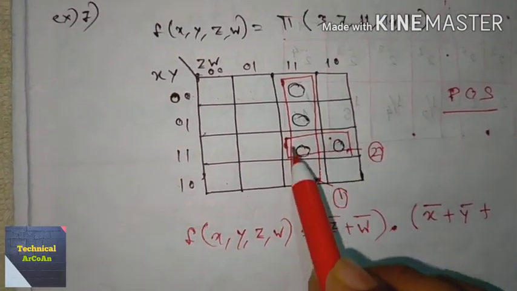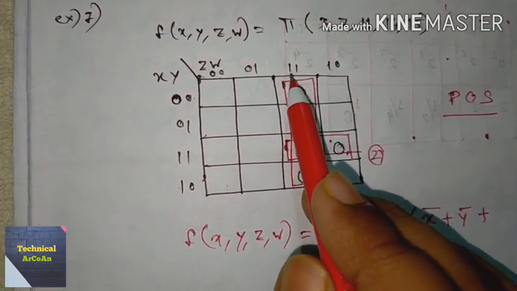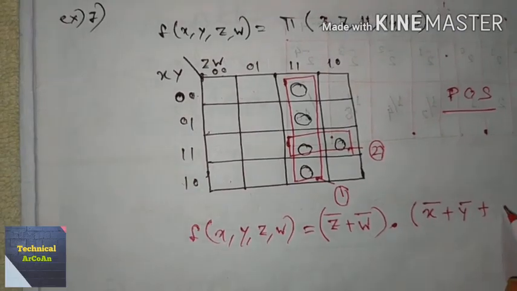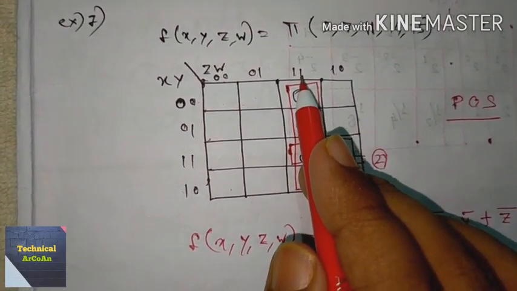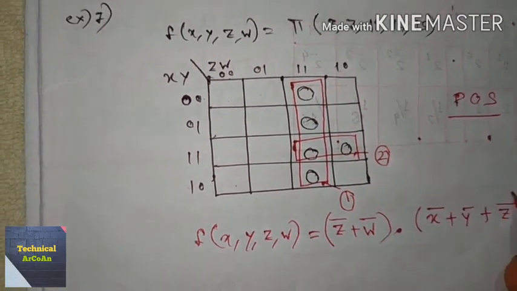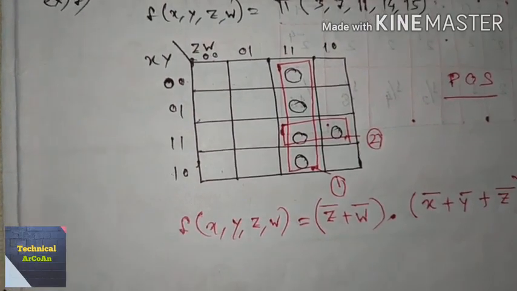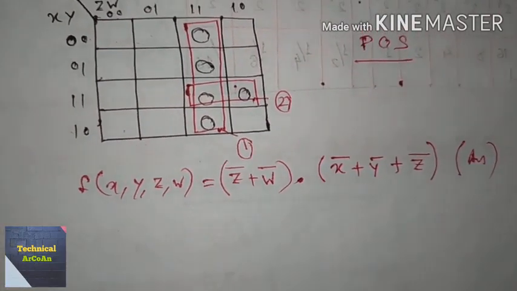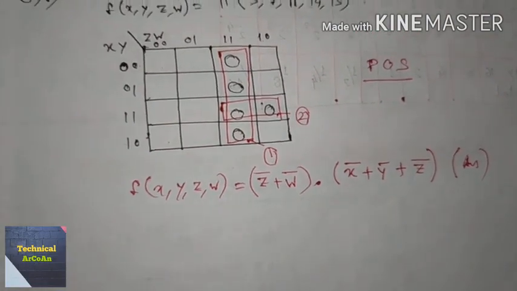Plus in these two particular columns, z is 1 to 1, means z value is not changed, so it will also be z complement, but w value is changed from 1 to 0, okay? So for this simplification using max term, the result will be that. Okay, I hope you have understood this topic. So thank you.